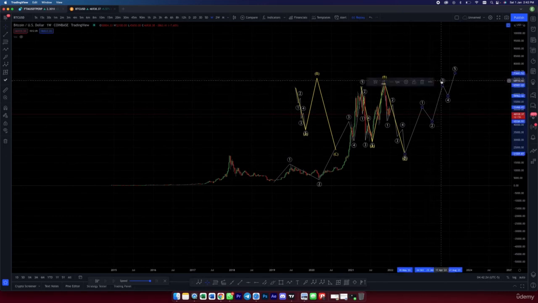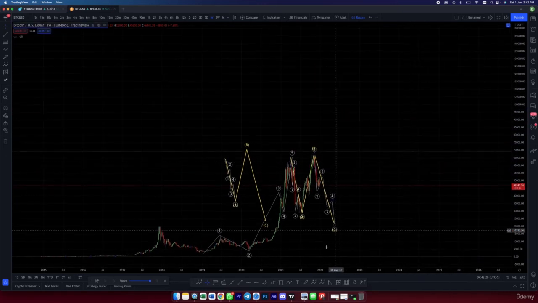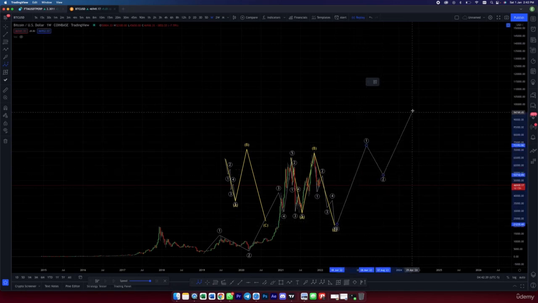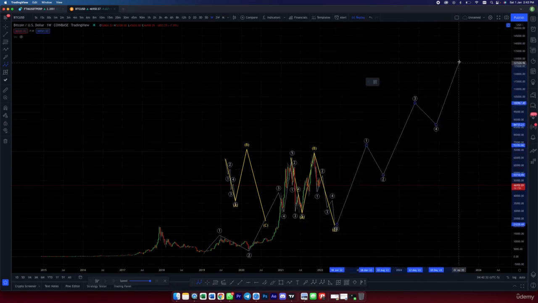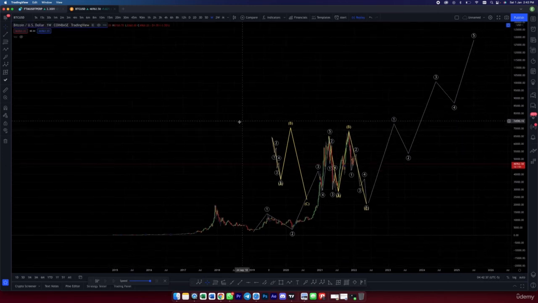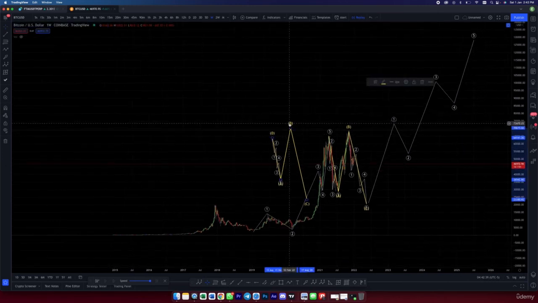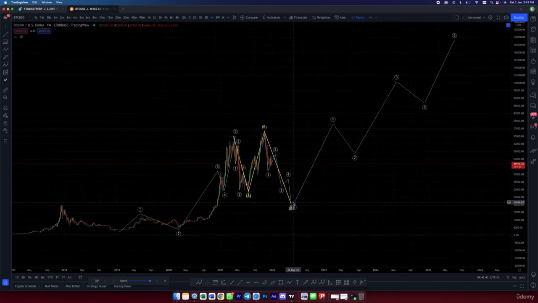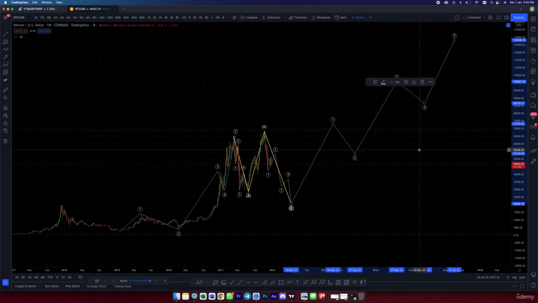Of course, this will not be such a smaller wave. This you can expect as a very nice extended wave. So yes, you can expect BTC to go to 120, 130,000, but not right now. We are still in the corrective mode, and I am expecting the price to go a lot lower before we start our next move up.